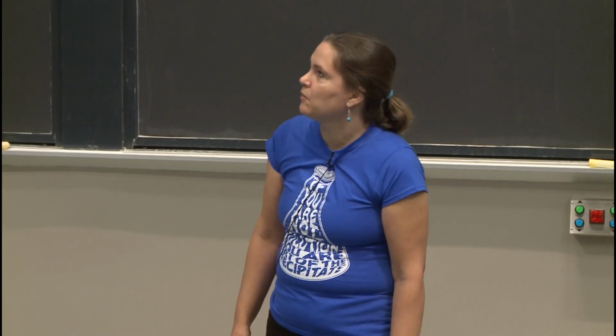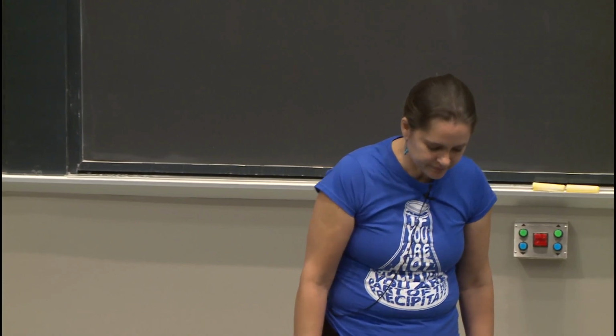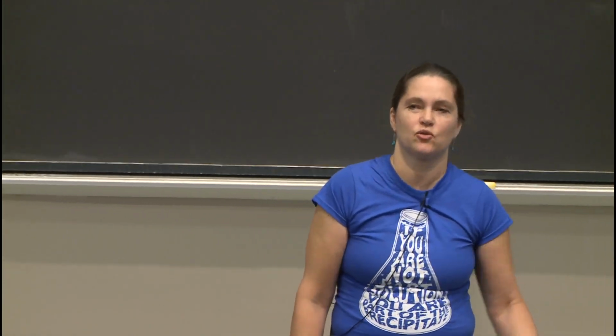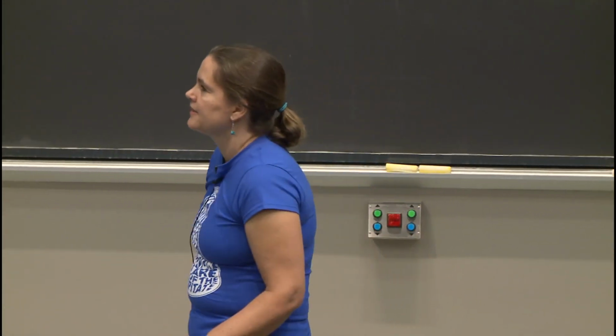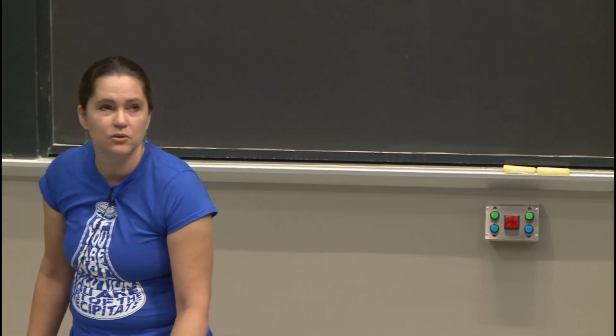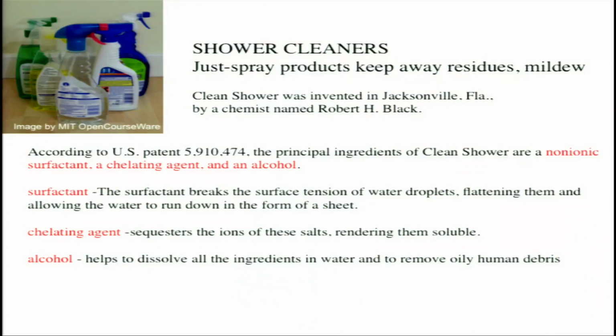So Robert Black went in to clean his bathtub, and it was really hard. And he scrubbed, and he scrubbed, and he scrubbed. And he was a chemist, so he knew what kind of chemicals you would need to clean a bathtub. You want to have things to dissolve your likes, so you want to have your polar and nonpolar.